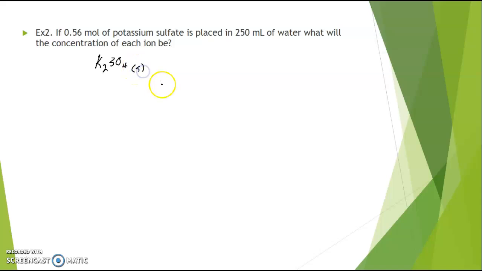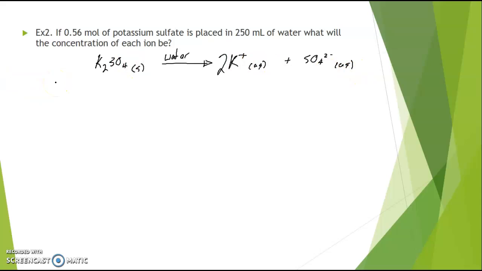This is going to be a solid at room temperature. We put it into water, and it's going to break into its ions, the potassium ions and sulfate ions. And now again, we go back and we balance this out. There's 1 sulfate here, so we need 1 sulfate here. There's 2 here, so we put a 2 there. And that's our dissociation equation for this.